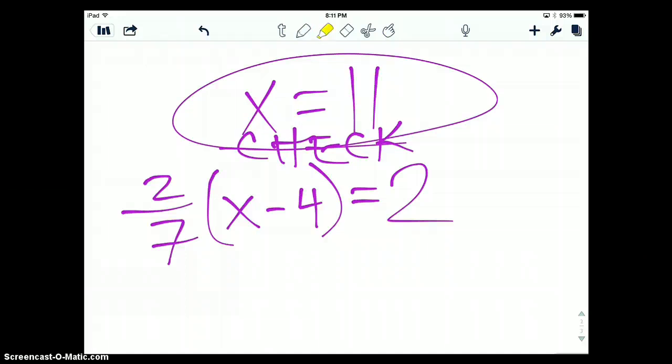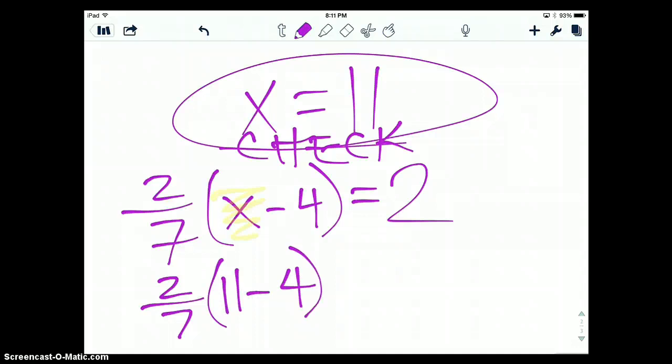So that 11, I'm going to plug it in for x right here. So I'm going to have 2/7 times the quantity of not x, but 11, what we think it is. And we're questioning it. Is that going to equal 2? So order of operations, I'm going to start inside the parentheses. 11 minus 4 gives me 7.